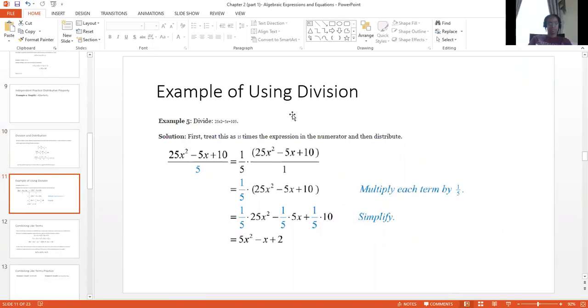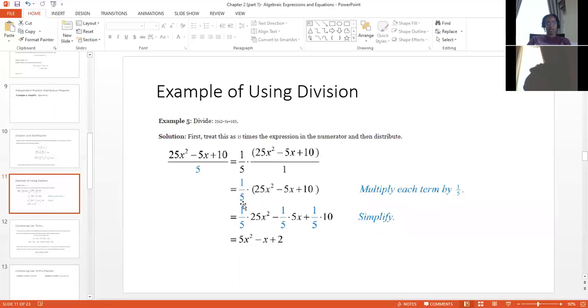Example of using division. So we have an example here, 25x squared minus 5x plus 10 divided by 5. So again, we can take out the 5 here from the bottom, make it into a fraction, 1 over 5 times 25x squared minus 5x plus 10.